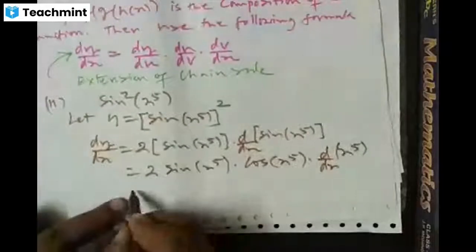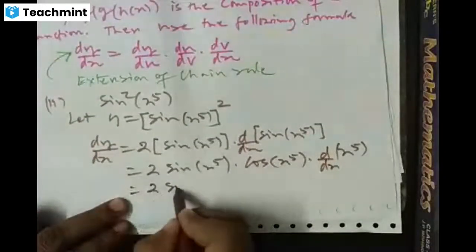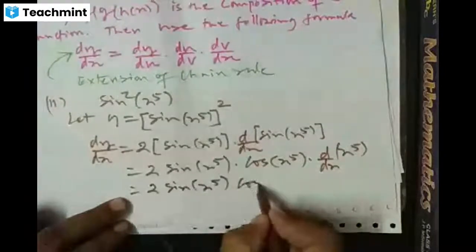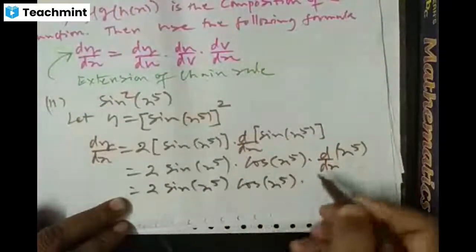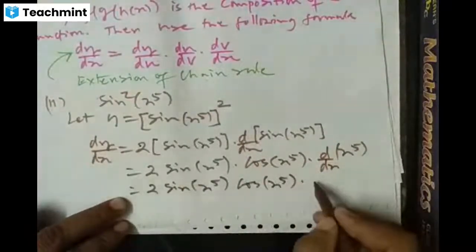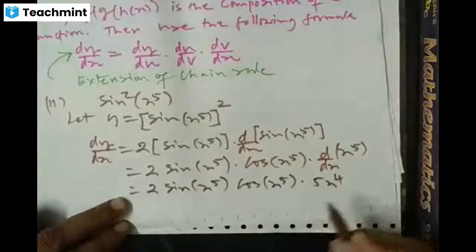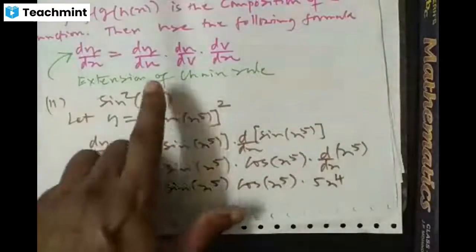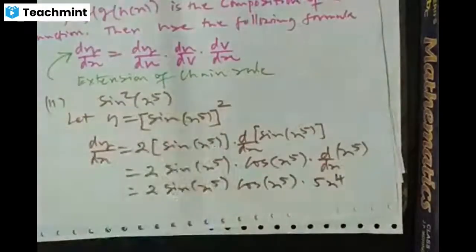So finally we get 2 into sine of x power 5 into cos of x power 5 into d by dx of x power 5, which is 5 into x power 4. So here we have used extension of chain rule because the given function is a composition of three functions.